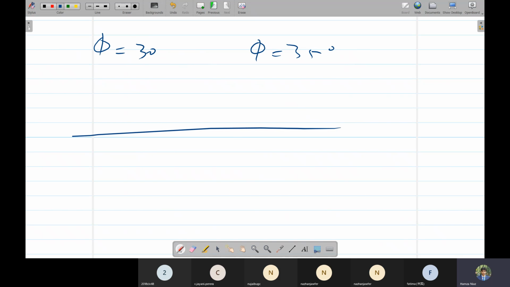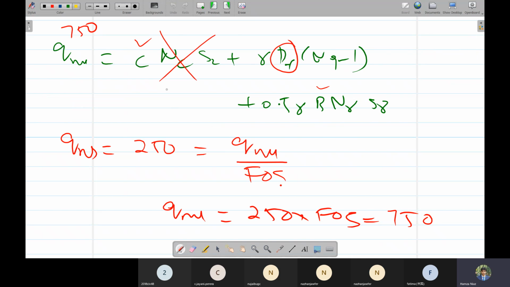And from these two, we have to interpolate the values of NC, NQ, and N gamma. We do not need NC actually because we know the cohesion is 0. But for NQ and N gamma, we have to interpolate the values for phi.